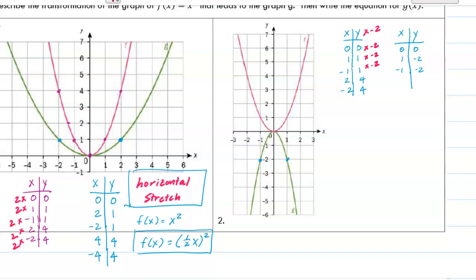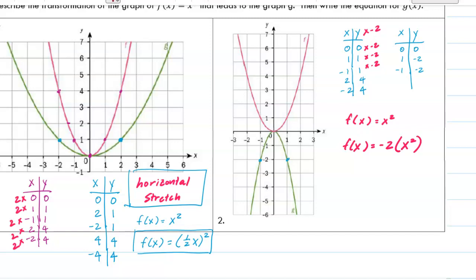Okay, so I'm going to take the original function. And when values get multiplied or added, you don't have to take the reciprocal. You can take it as is. Okay, so it's going to be multiplied by a negative 2. So I'm just going to do f of x equals negative 2 outside of the function. And you could write it like this if you want.